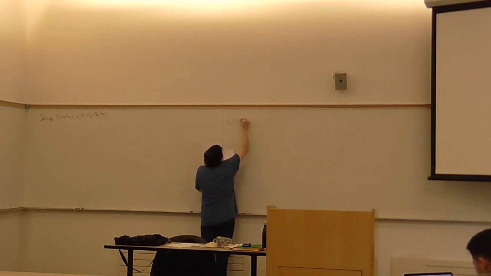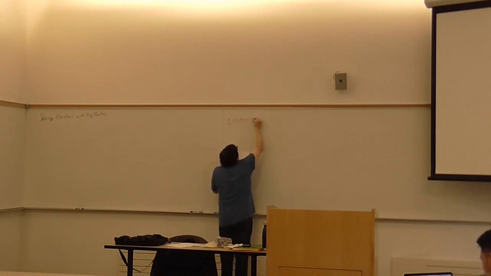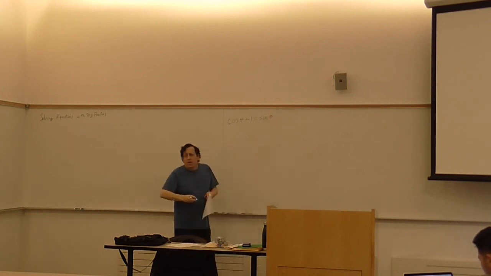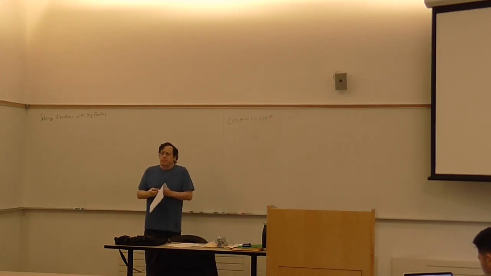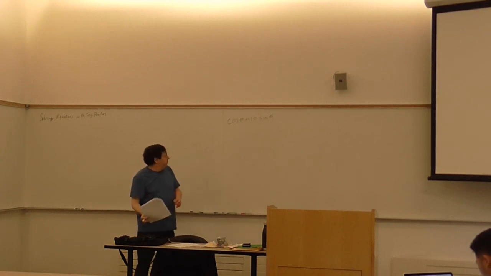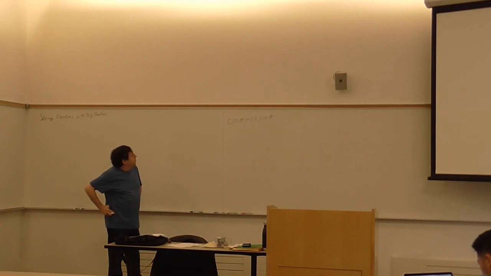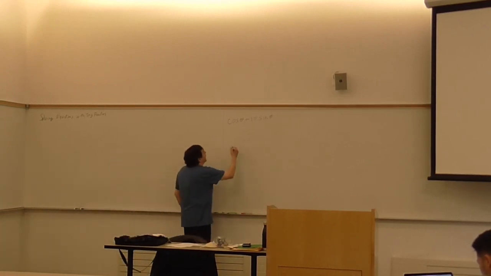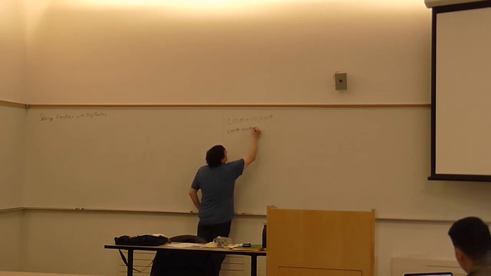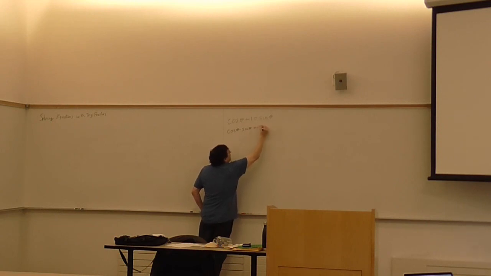A problem that the book gives us. So here we have two different functions. We could rearrange this a little. We could say cosine theta minus sine theta plus 1 equals 0.